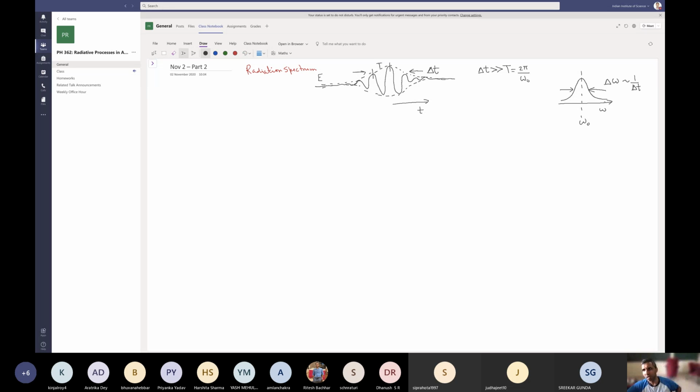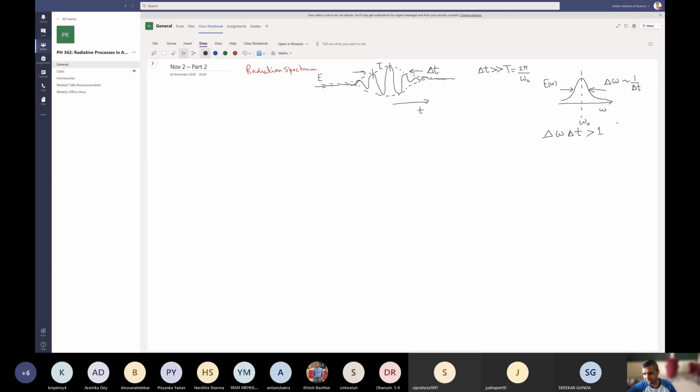We can see it in terms of plane waves. For example, if you have an infinite plane wave at omega naught, the energy as a function of omega is a delta function at omega naught. An infinite plane wave is a delta function. But if you have a pulse, it has some spread in frequency, delta omega. And in fact, there is an uncertainty-like relation: delta omega times delta t is greater than 1.